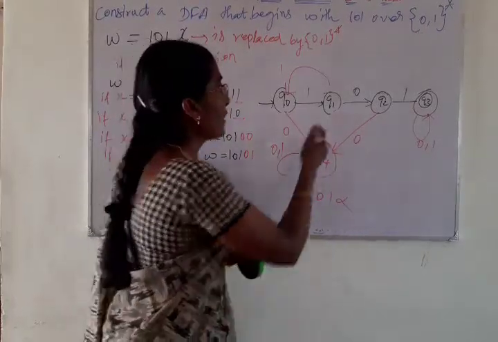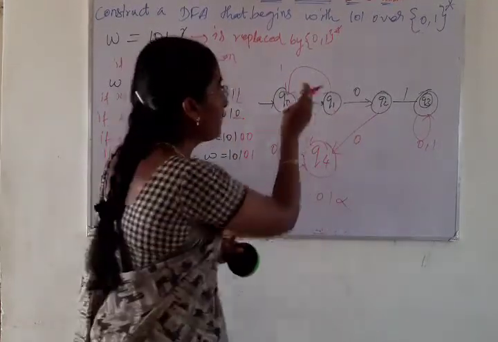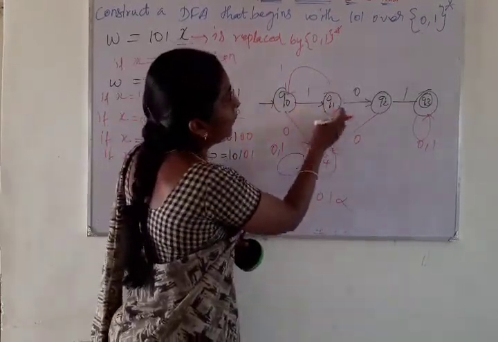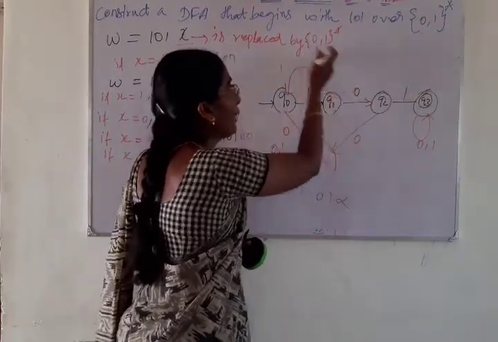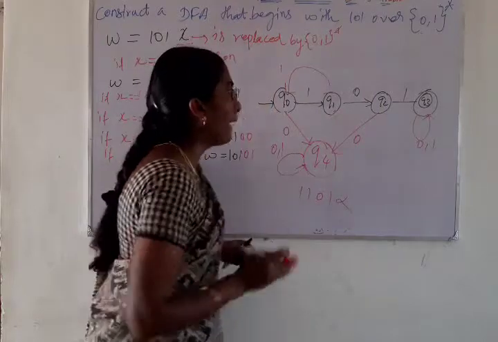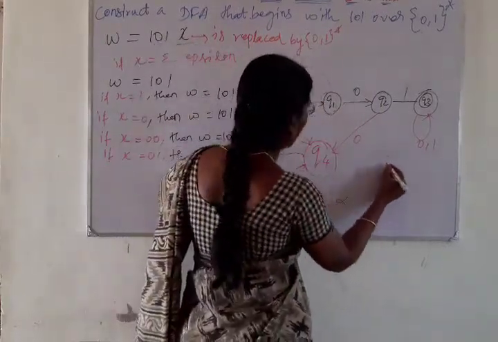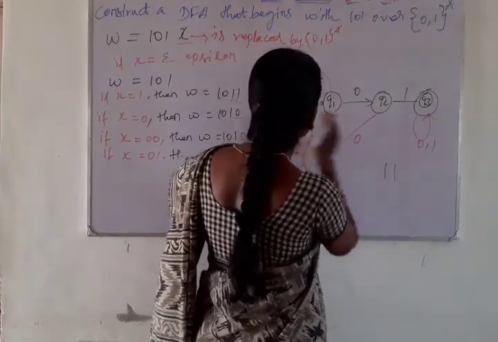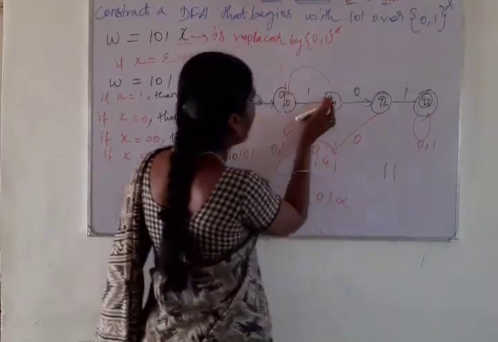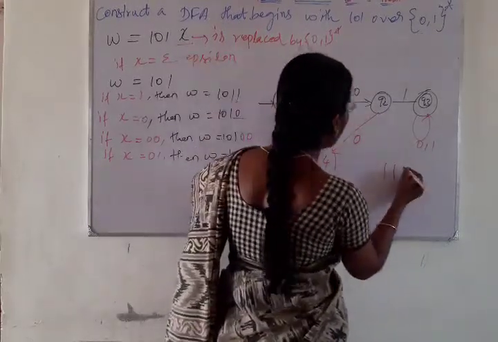Next, from the state Q1, consider the transition again. We are making a transition for 0 in the forward direction. For the input symbol 1, we are making a back transition. Consider one more example. The first symbol is 1, the second symbol is 1, and the third symbol is 1.